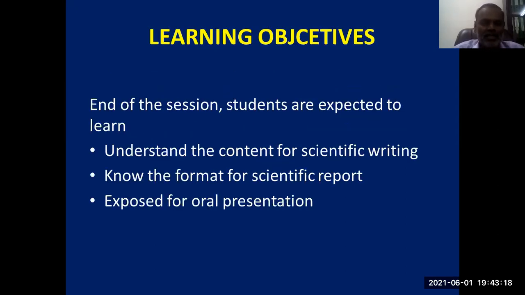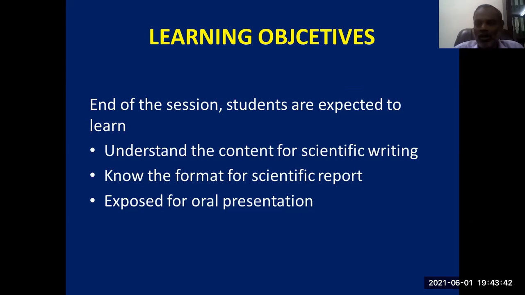At the end of the session, there are three things I expect from the learner. One is they need to understand the content of scientific writing, what content must be followed. Then they should know the format of scientific writing. If you are writing a research report, what format are you supposed to follow? If you are writing an article, what format?